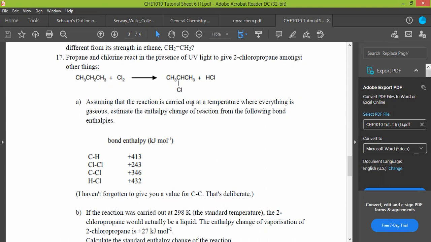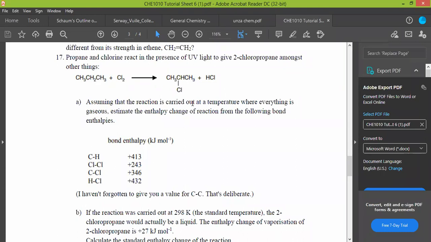You also come to the bonds of the reactants. So the reactants is going to be equal to CH. How many CH bonds do you have? 8. Plus how many Cl bonds do you have? 1.